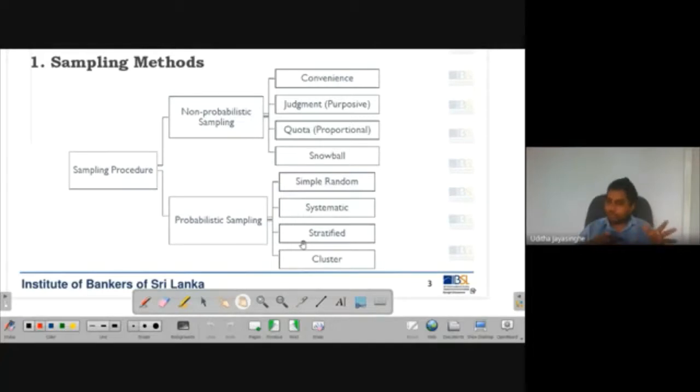So what is my population? That is the 70 students in the class. Did I really want to analyze the mathematical knowledge of all students outside? No, I really want to focus on my class. That is the 70 students that I'm focusing on.